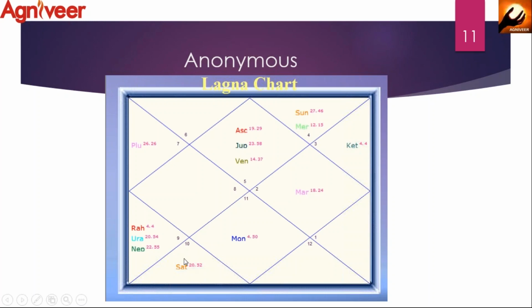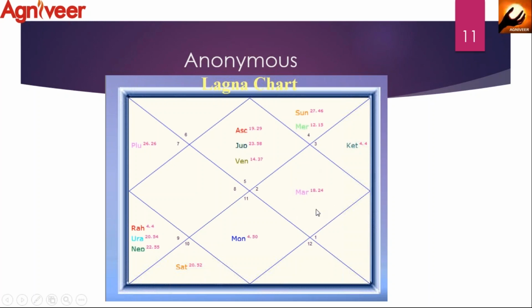And also, when you look at Saturn here, Saturn in the sixth house will always suppress all your enemies, all your competitors. So she also stood out in the crowd, and she performed really well. And when you see Mars in the 10th house, she's quite energetic with all her work and her social activities.